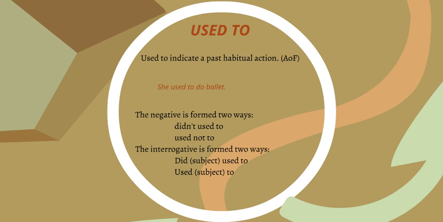The interrogative is formed two ways: did plus the subject plus used to, or used plus the subject plus to. So be careful. It can be difficult to teach. It's very commonly used when you talk about habits that are completely over and very much in the past.